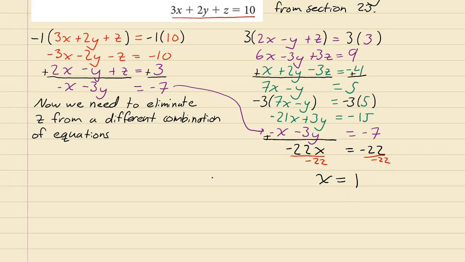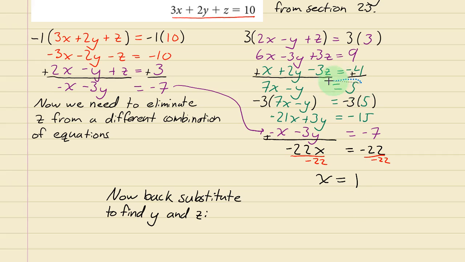Now that you have that, we're still going to need to do back substitution to get y and z using the other equations. To do that, we need one equation that has x and one other variable in it. It doesn't matter which one you use. I'm going to use this equation right here.